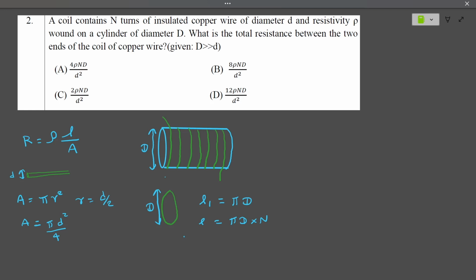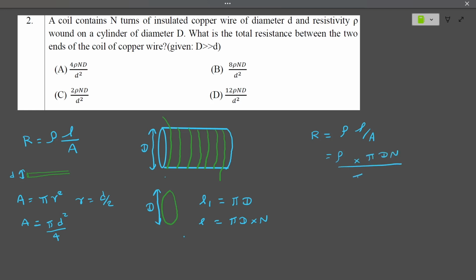Okay, now we can substitute this L and A into our first equation. Resistance of the wire equals ρL over A. ρL equals ρπDN.